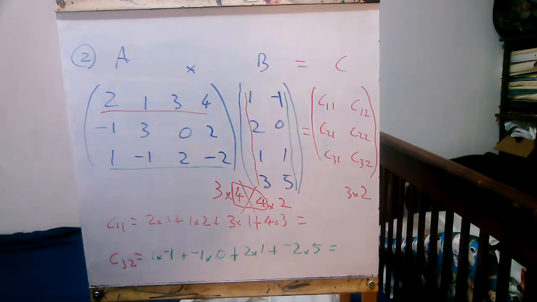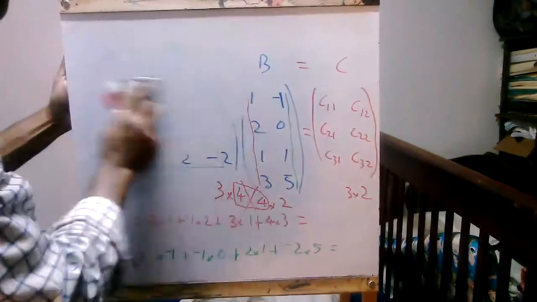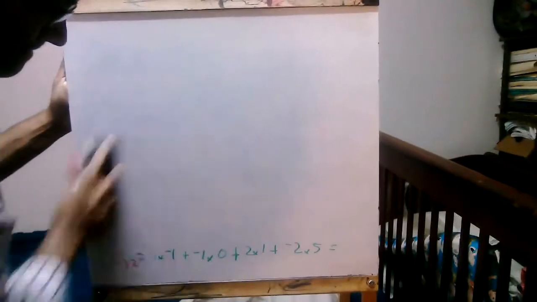Okay, let's see what's next. Okay, identity matrix. I'm gonna erase this. Identity matrix is a matrix which has ones in the diagonal and everything else is 0.